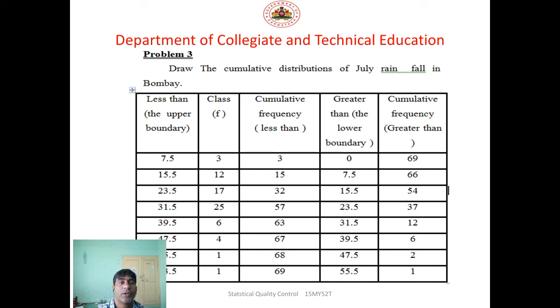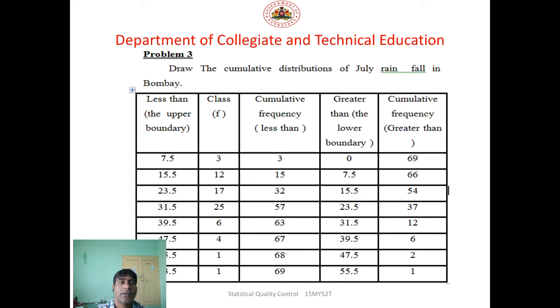Next, the cumulative. In the second column we have just taken the frequency. Now we will see cumulative frequency. Cumulative means we are adding the next one to the previous one. First, 3 as it is. In the third column you can see, first I will write the cumulative frequency 3, as 3 is the first one.